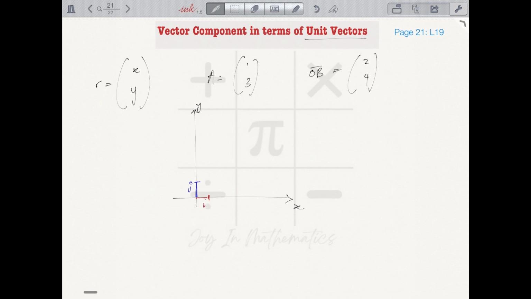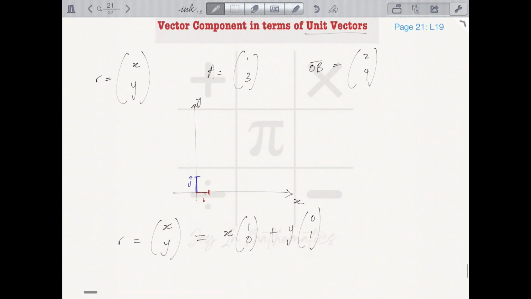So if I want to write the component of A (1, 3), let's begin with (x, y), and I call this R. This is in column vector form, and I can separate this in terms of unit vectors, as x (1, 0) plus y (0, 1). Now this brings us back to scalar multiplication, because when we do this operation here, it will result into this.